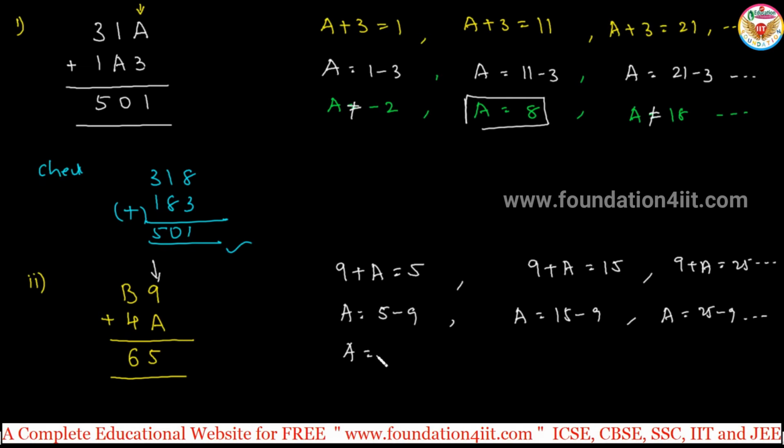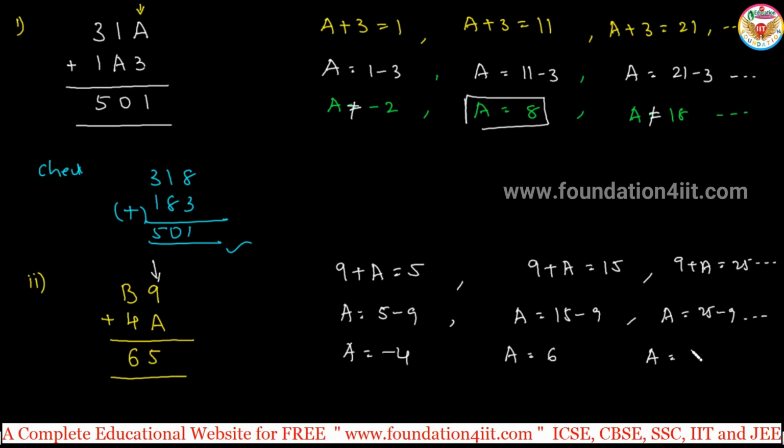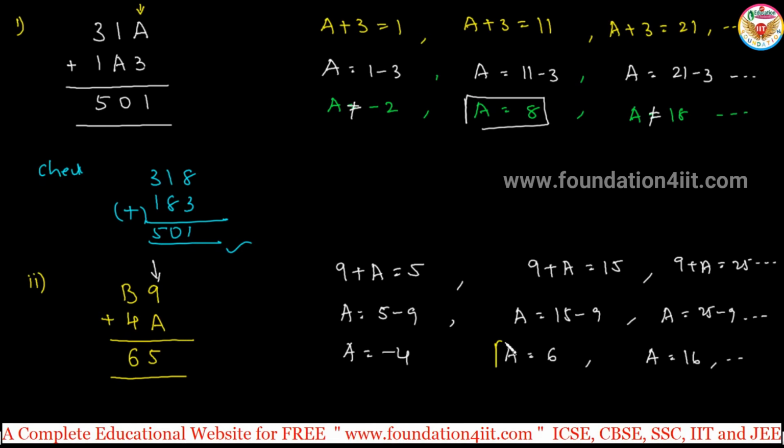As of now, A is equal to minus 4, A is equal to 15 minus 9, it is 6, A is equal to 25 minus 9, so 16, so on. It will increase now. So finally, the value should be single digit, not negative. The value is equal to 6. So A is equal to 6 only can satisfy this.